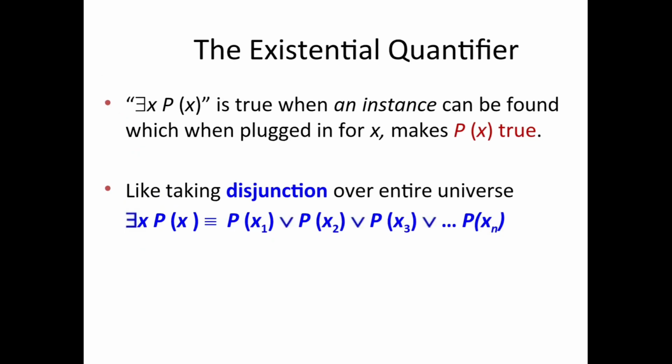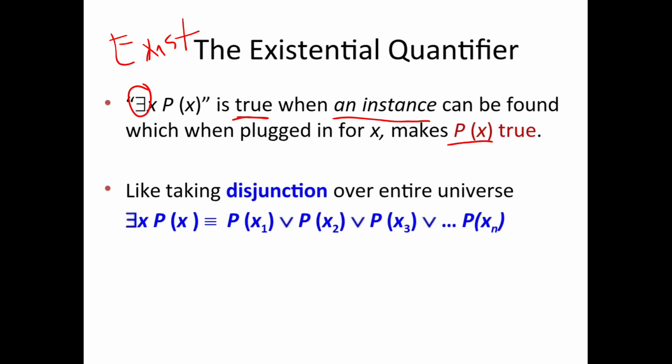So, the existential quantifier, there exists x. So again, pagbasa ani, there exists. So, there exists x of p of x is true when there is an instance that can be found which, when we plug in for x, makes p of x true.